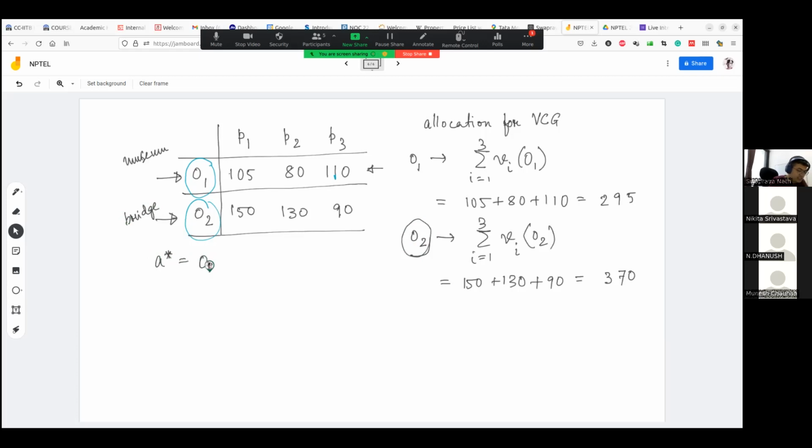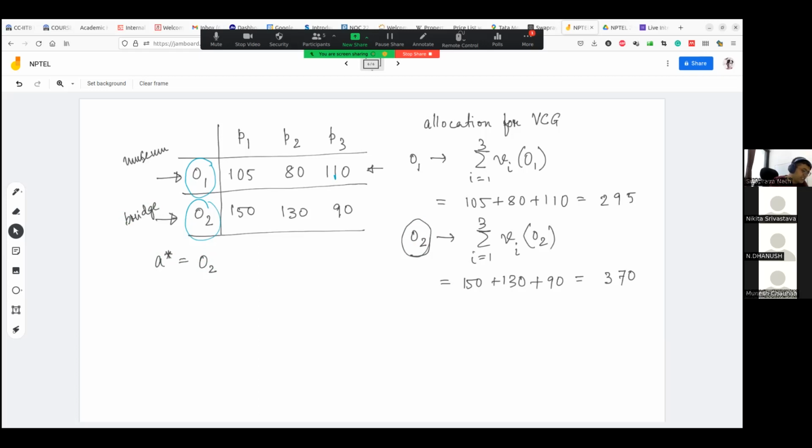Now that this is O2, we'll have to calculate the payments for each of these players. In order to find these payments, we apply the following rule.